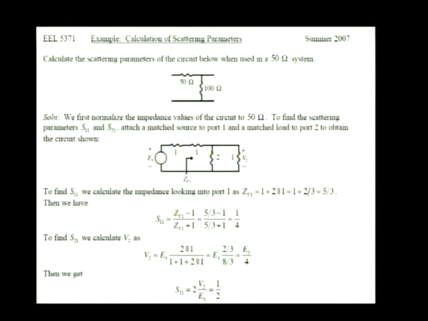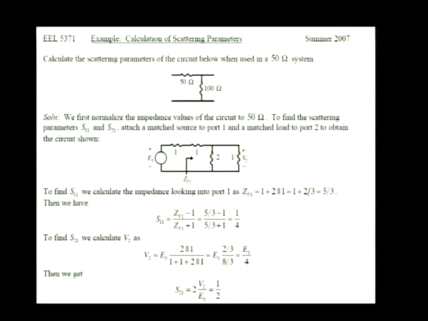Turns out you can show that this is actually always the case, that for any passive circuit, S12 and S21 are going to be equal to each other. You can't say anything similar for the reflection coefficients S11 and S22, though.